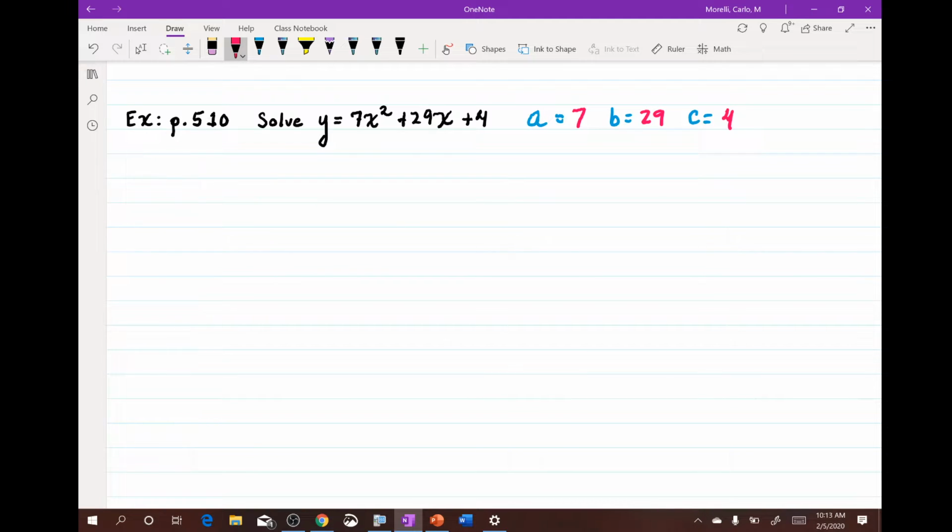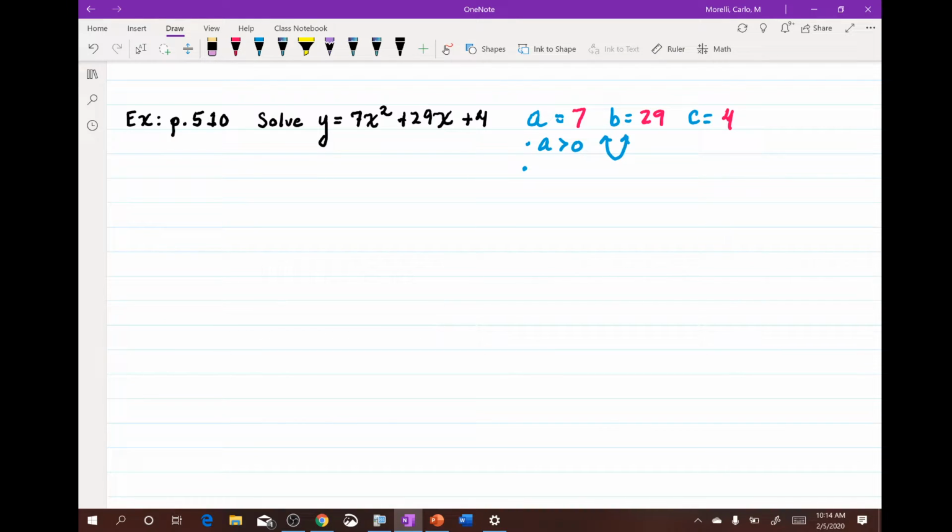Now we're going to do a little analysis, see what we can get done using what we already know. A is greater than 0, so we know that the shape of the curve will be upward sloping. C, well, hold off there.